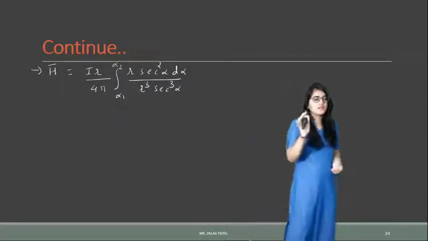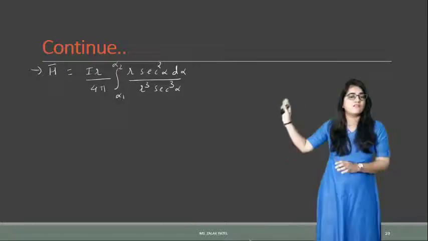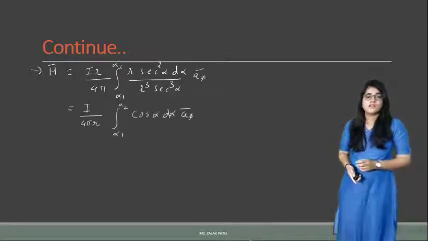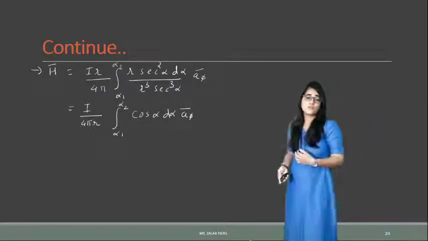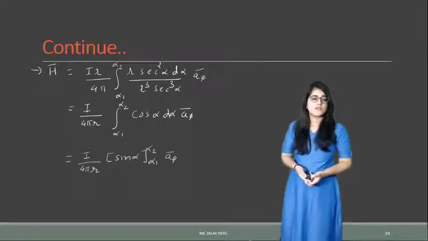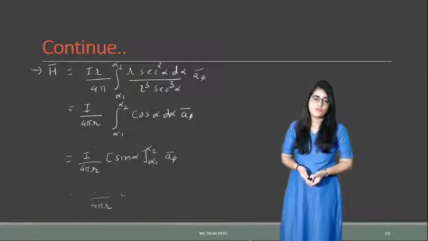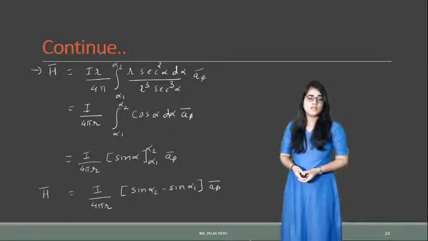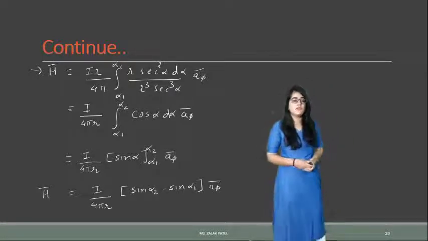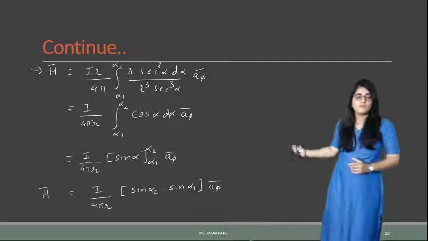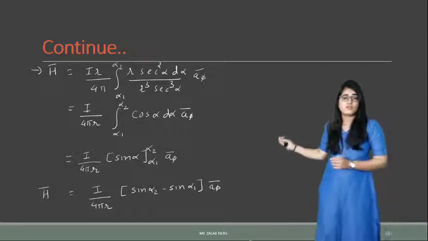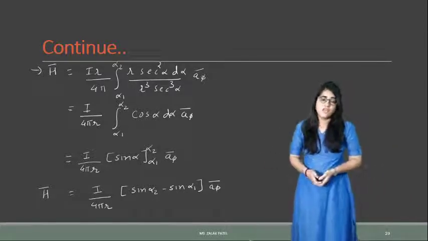Here in place of theta, simply you have to put alpha. Okay. So the term that is remaining is 1 upon sec, and 1 upon sec is cos, integration of cos is sine, limit is from alpha 1 to alpha 2. So the final equation for the finite length filament for magnetic field intensity will be I upon 4 pi r times sine alpha 2 minus sine alpha 1 a_φ bar.